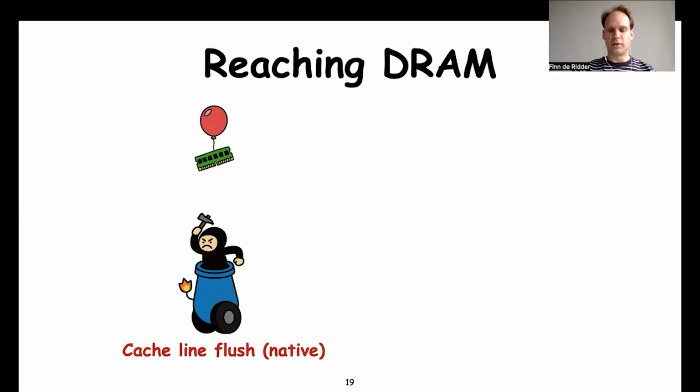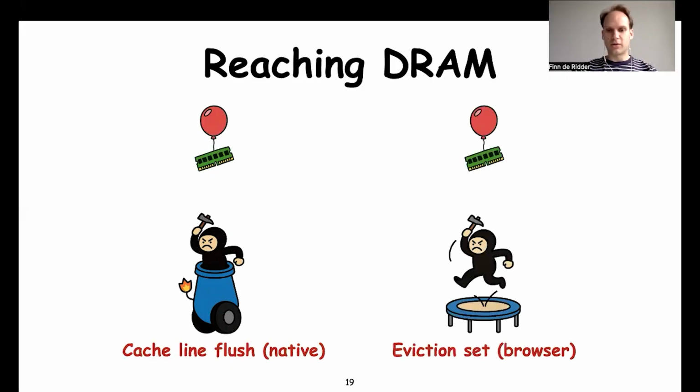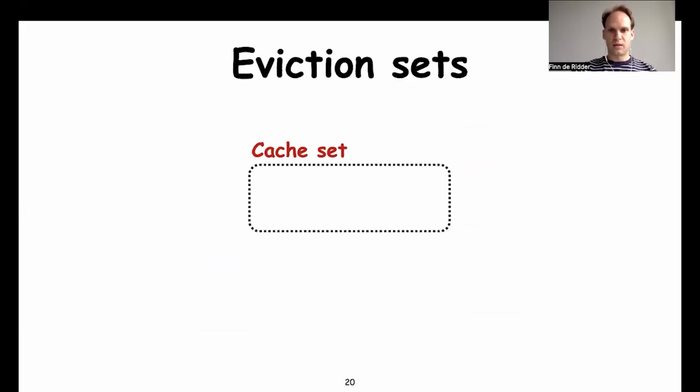And this allows you to create arbitrary, very complex patterns that also have a lot of non-uniformity. However, in the browser, there's no such instruction and you need to use eviction sets. I will say more about eviction sets in a moment, but they generally make it much harder to send an aggressor to DRAM.